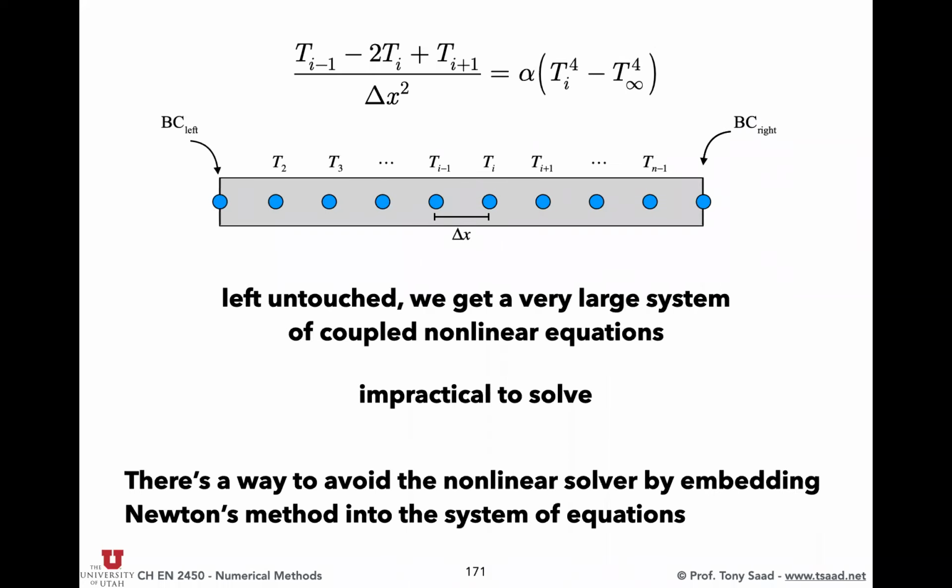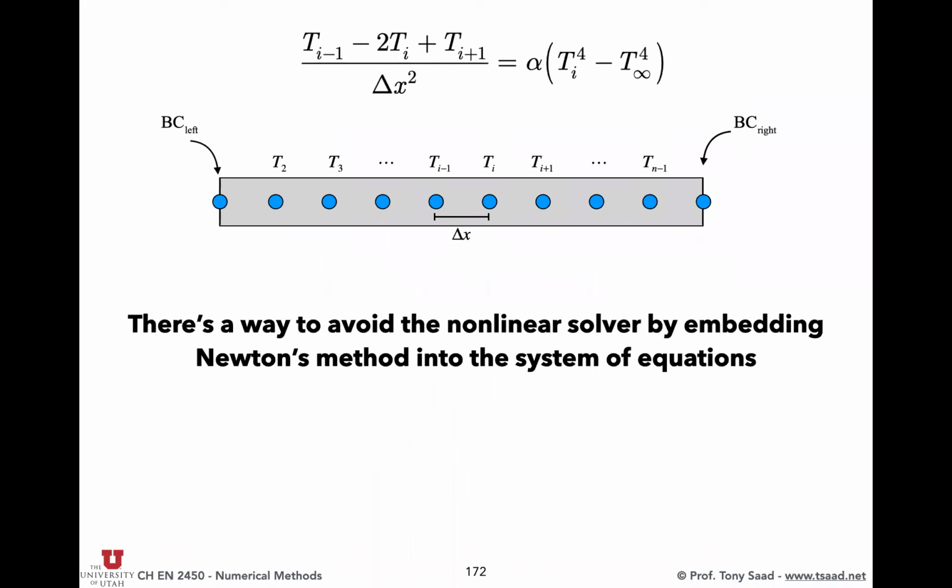Turns out there's a way to embed the Newton solve within the system of equations that we obtain, rather than having to build a Jacobian, and the Jacobian matrix is annoying and huge and very dense. So rather than doing that, we circumvent Newton's method and embed it within the solution process. I'll explain that to you briefly today. It's called source term linearization. When the source term in a boundary value problem is nonlinear, this is what you can do.